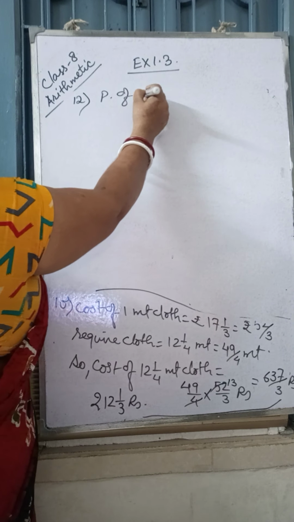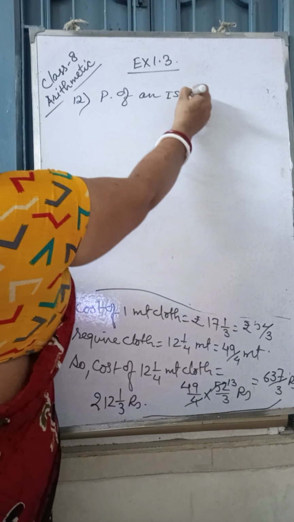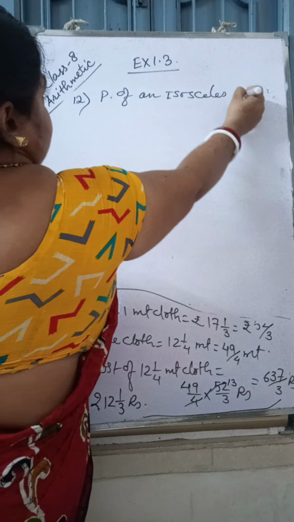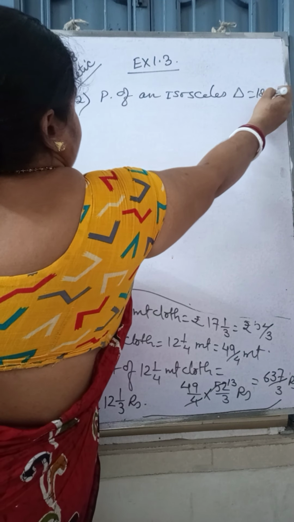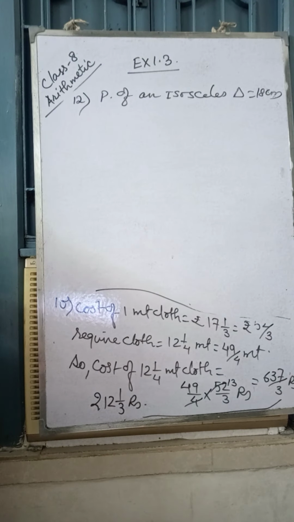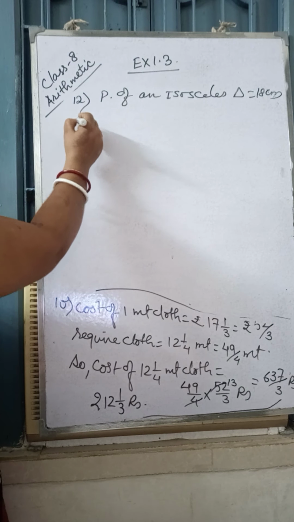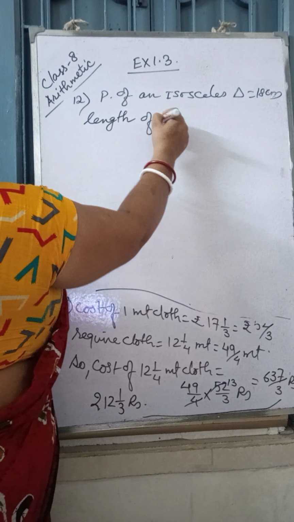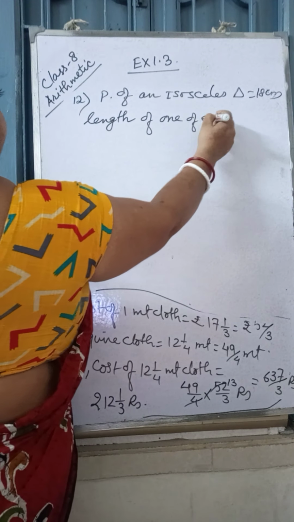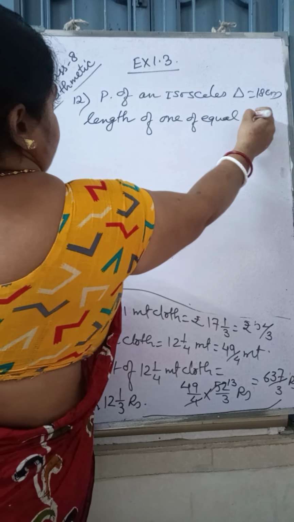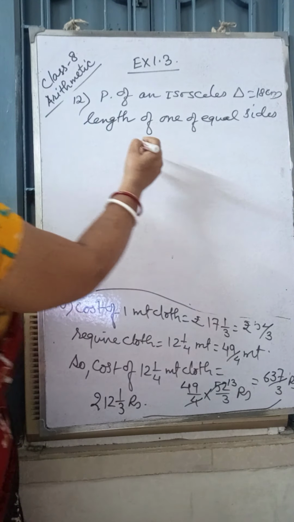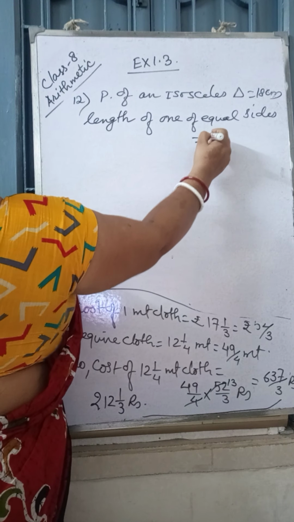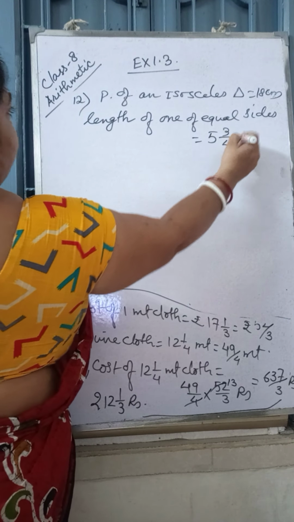Perimeter of an isosceles triangle is equal to 18 centimeter. Length of one of the equal sides, there are two equal sides, is 5 whole 3 by 4 centimeter.